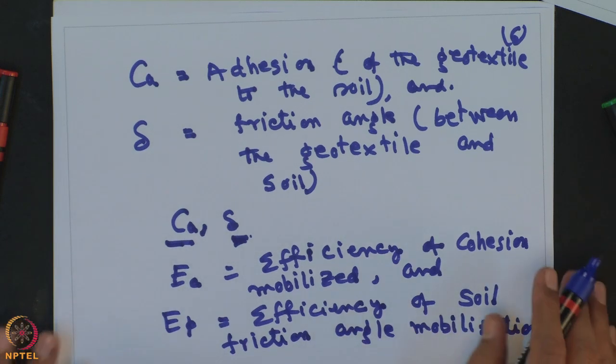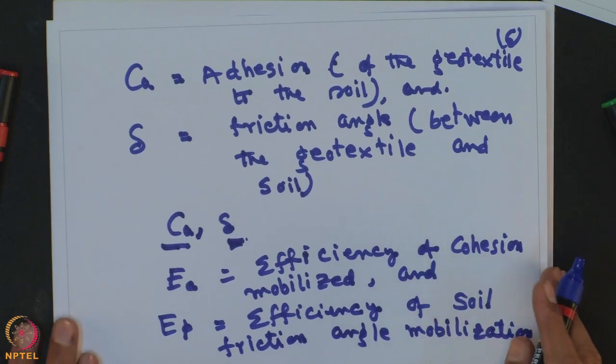You can also equally perform the soil to soil test, and you can determine what the C and the phi should be. You know that in the case of soil to soil, C is the cohesion, and phi is called the angle of friction.